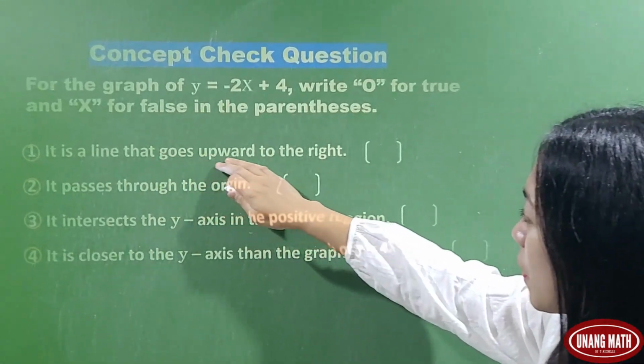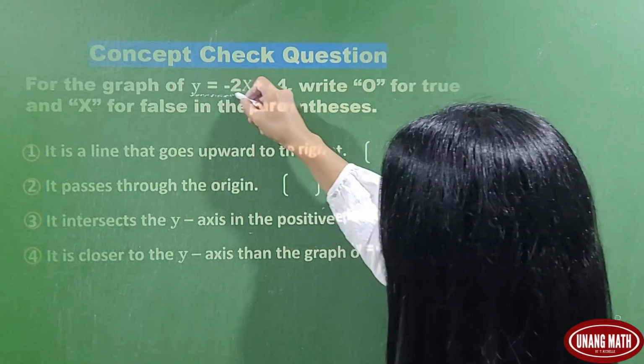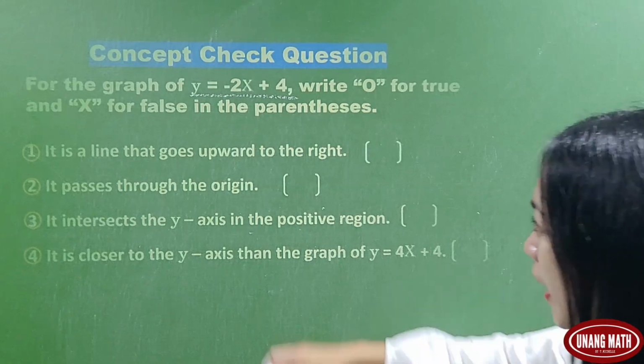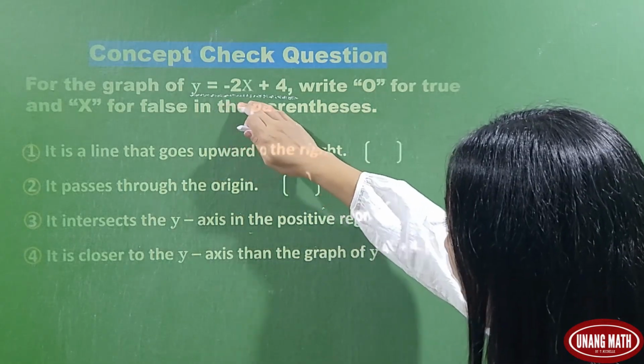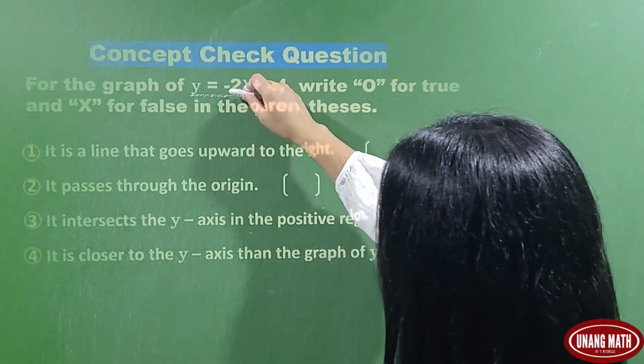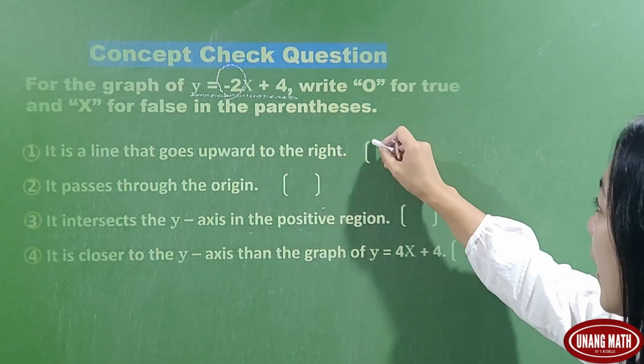It is a line that goes upward to the right. Check this function, y is equal to negative 2x plus 4. If the graph of this function goes upward, then the value of a should be positive, but this is negative. So number 1 is false.